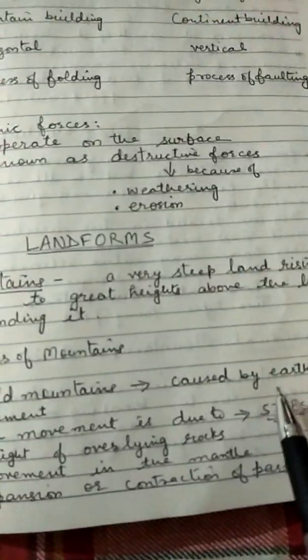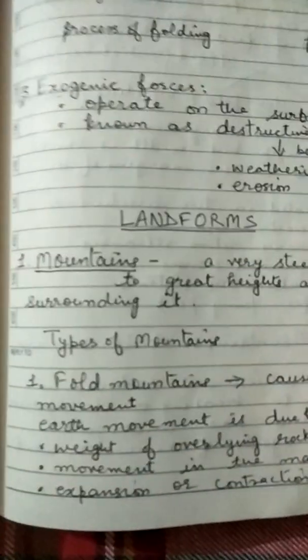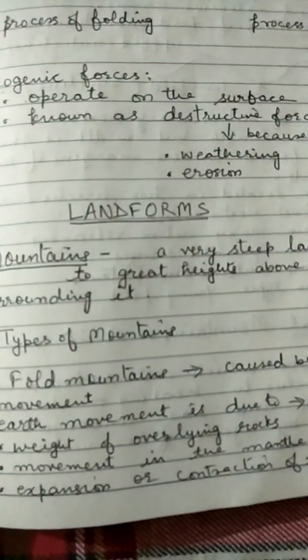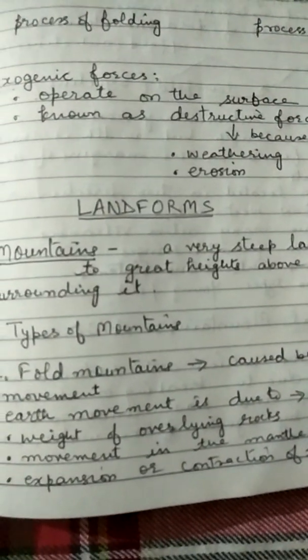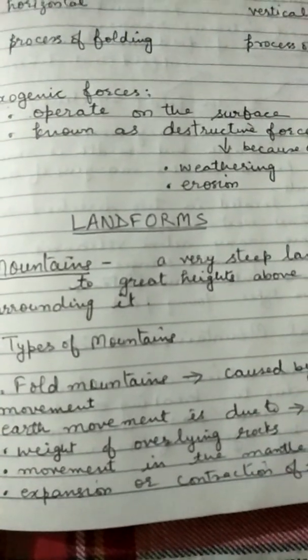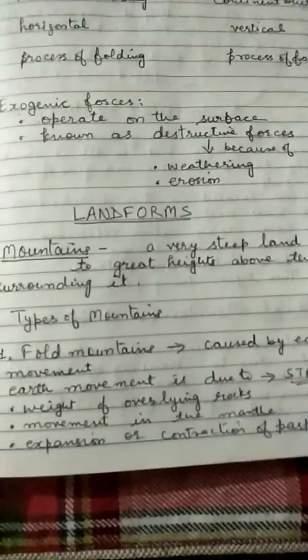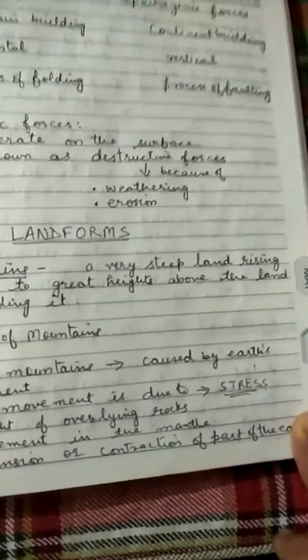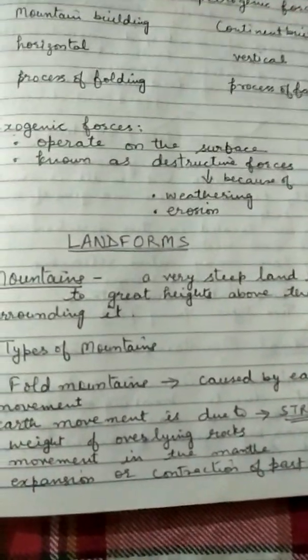Fold mountains are caused by Earth's movement, which we have discussed under plate tectonics. Now, what is this earth movement? How is it caused? Earth movement is due to stress on the surface.